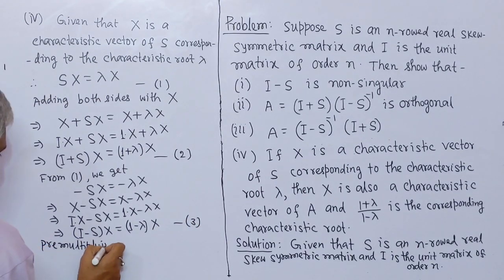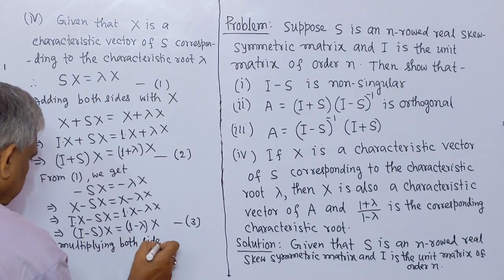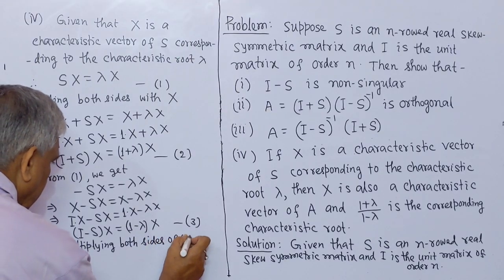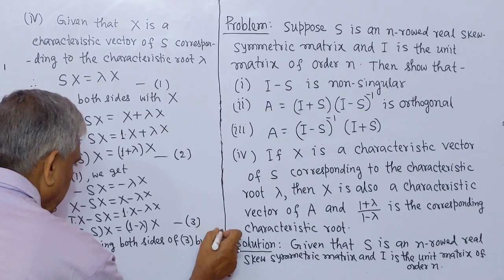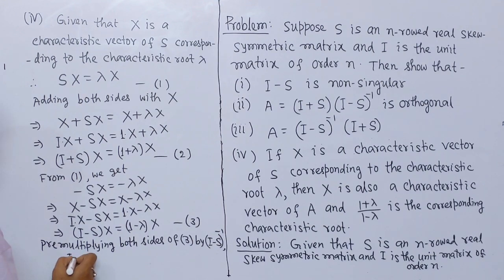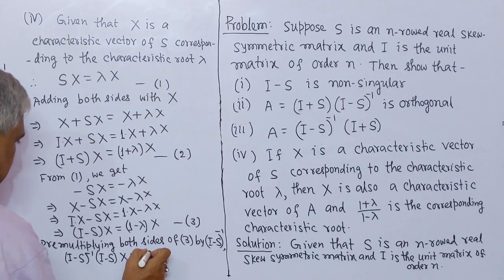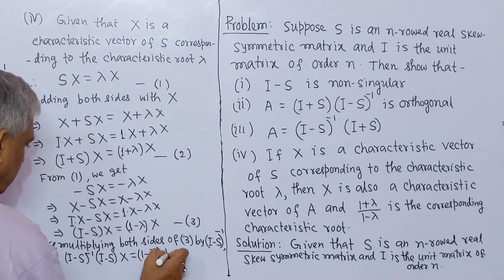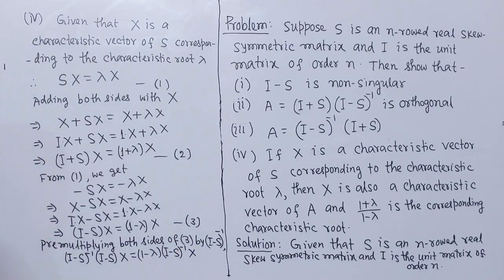Pre-multiplying both sides of 3 by (I minus S) whole inverse, we get (I minus S) whole inverse multiplied by (I minus S) x equals (1 minus lambda)(I minus S) whole inverse x.